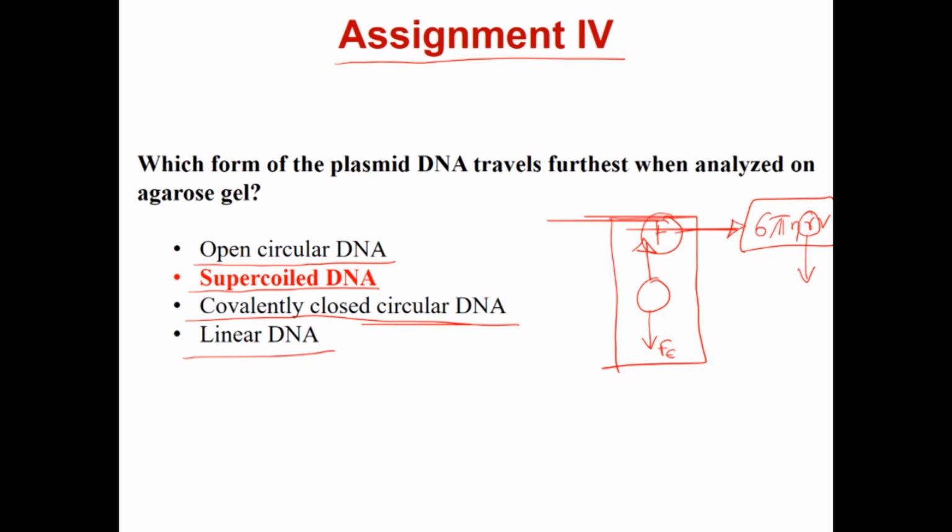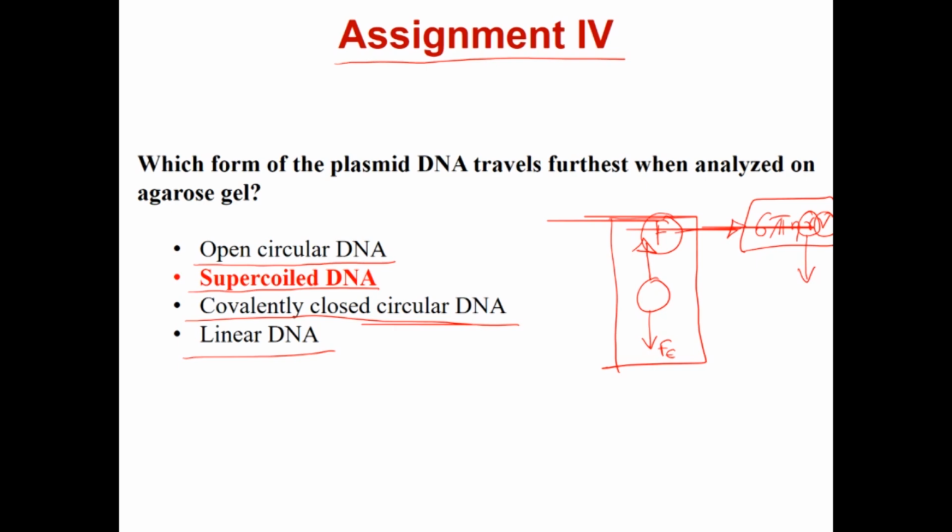So the bigger the ball you have, the more friction it is going to have, and when both forces are equalized, it is going to stop making any absolute migration, then it is going to have a relative migration. So the V is inversely proportional to the R. So the bigger the R, the lesser the length it is going to run on the gel, whether it is the polyacrylamide gel or the agarose gel.